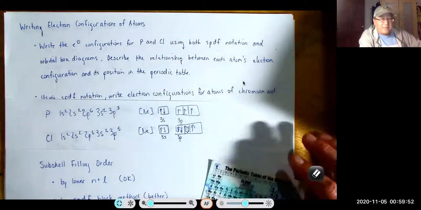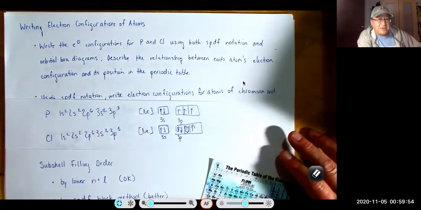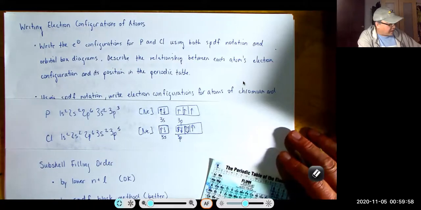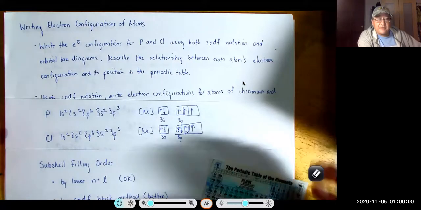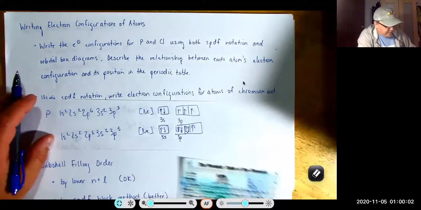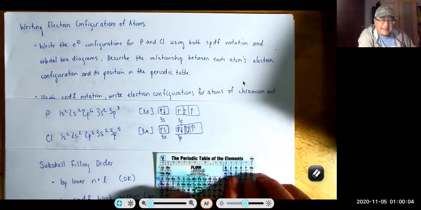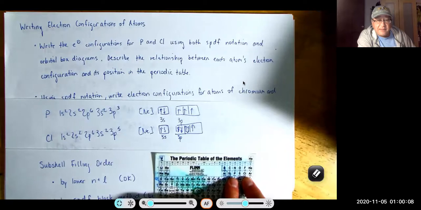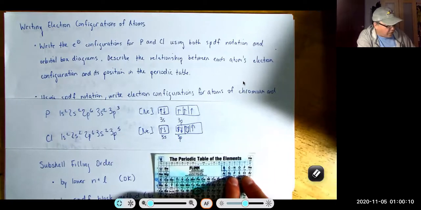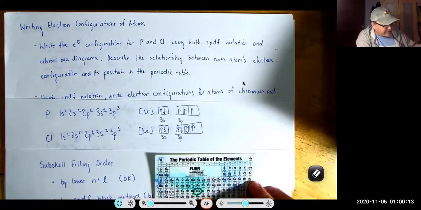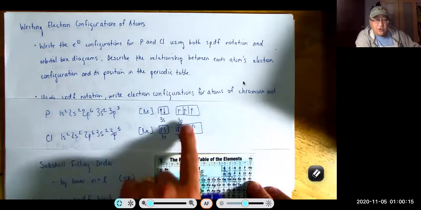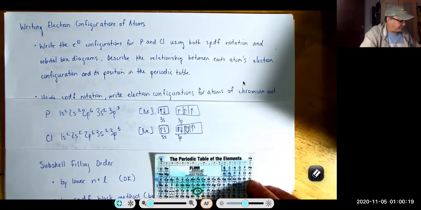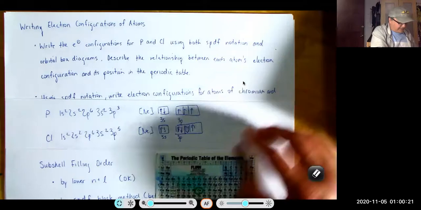So describe the relationship between each atom's electron configuration and its position in the periodic table. What I would say is that they're both in period 3. They're both in the 3p subshell or 3p part of the p block. And so therefore, their least stable electrons are in the 3rd shell, p subshell. All right, so that's that one.